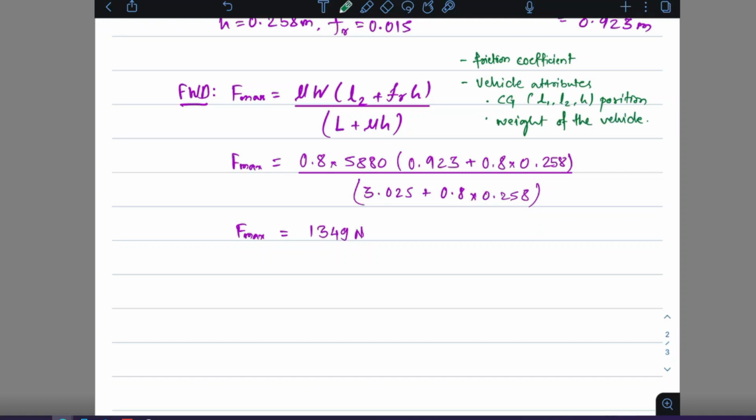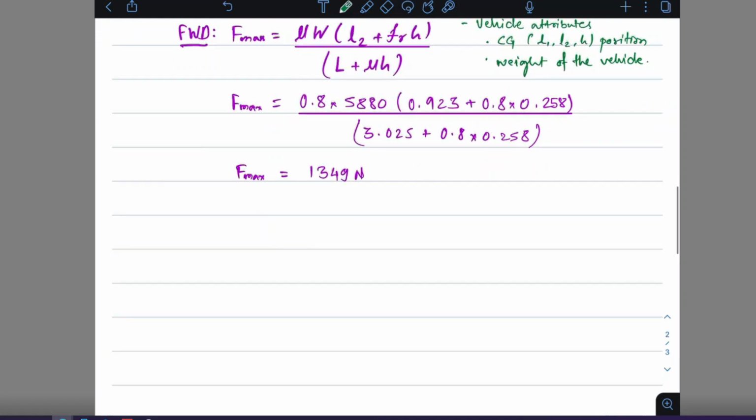During the vehicle's operation, the CG would change because the loading condition will change, and it will also influence the weight of the vehicle. So when we do design, we take nominal values for these things so that we can decide on a front wheel drive or a rear wheel drive system.